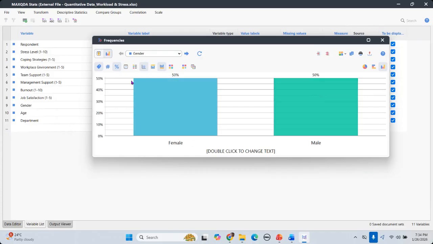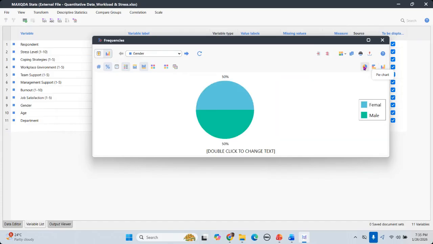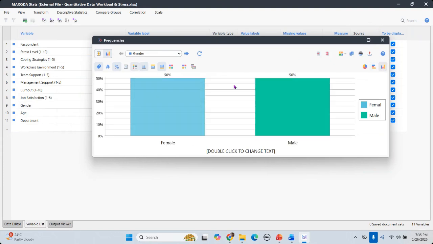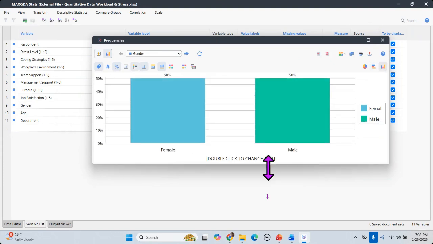Female, male, we have it. Now, if you look at the right side of this window, I also have an option called pie chart. I also have the option horizontal, vertical. So I can choose.